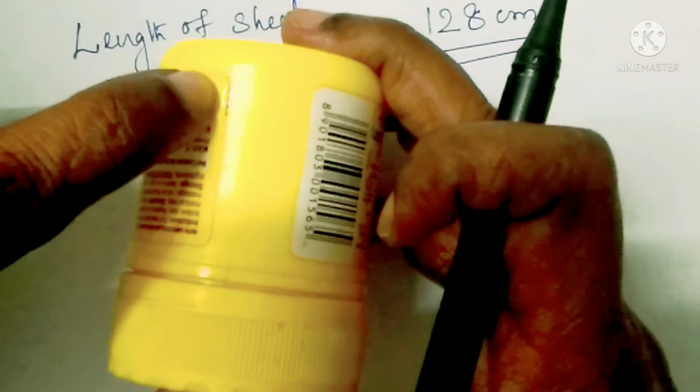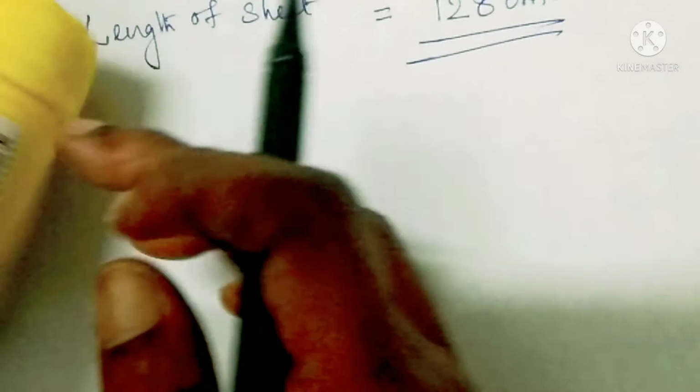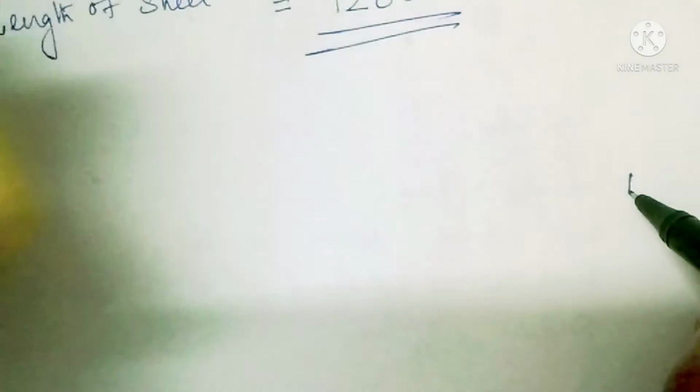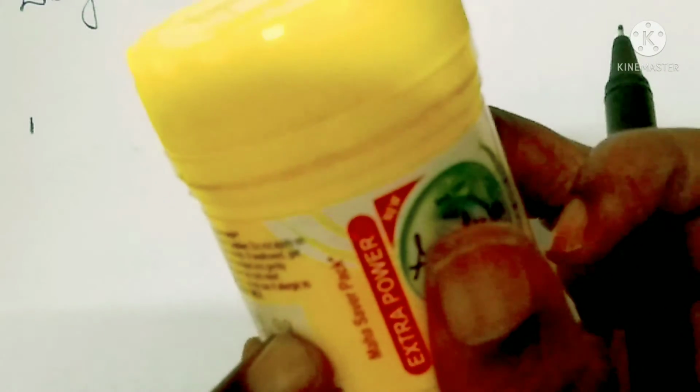Now if I keep it here and I rotate it till that point comes on the paper again. See, it comes till this. So what will be this equal to? This is the distance, right? This distance between these 2 points will be equal to what? This is the lateral surface area.